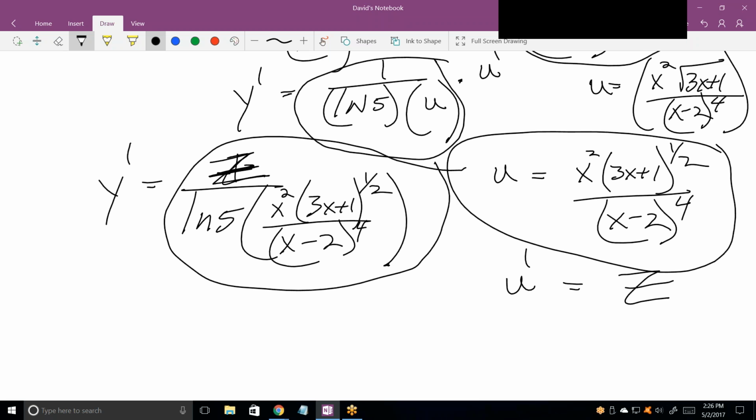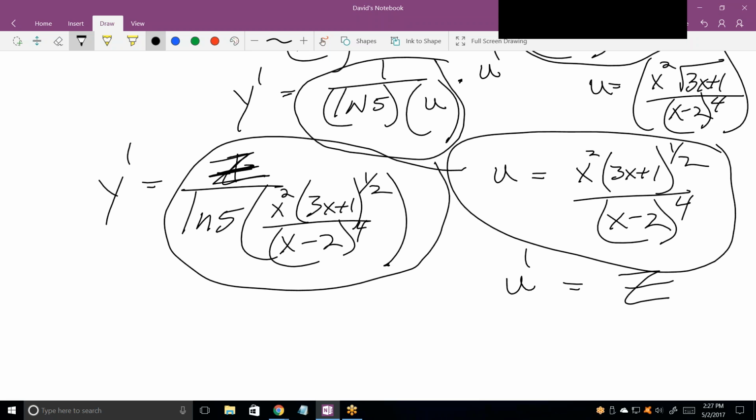I mean, the complexity is exponential, or maybe I should even say factorial. In other words, it grows about as fast every time you take an extra derivative, or if you have a quotient rule involved, then taking derivatives is super tough.